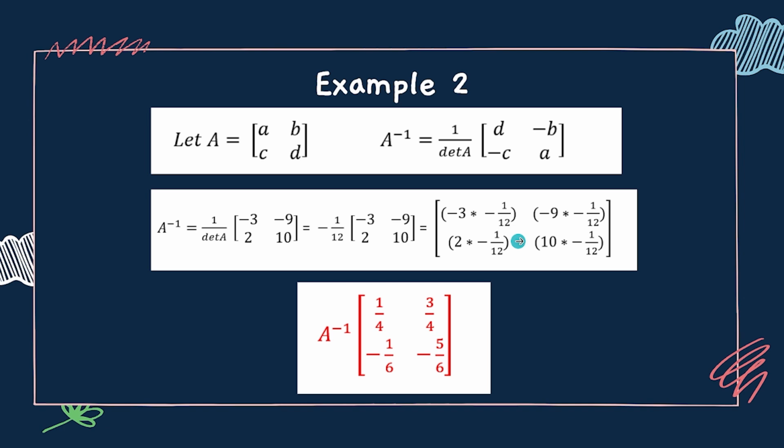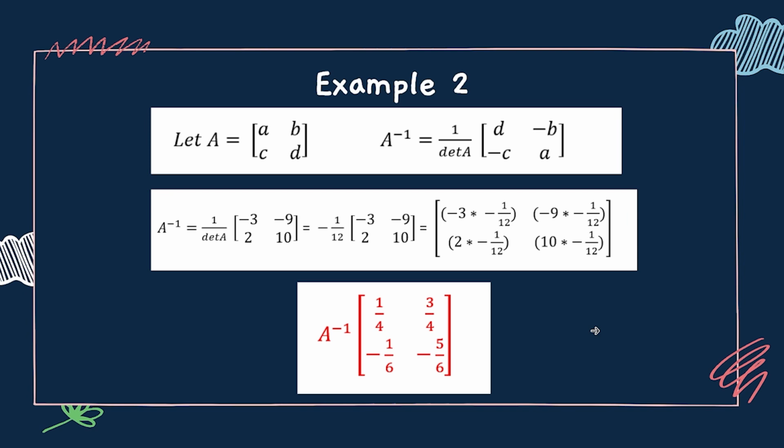Negative 3 times negative 1 over 12 is equal to 1 over 4, negative 9 times negative 1 over 12 is equal to 3 over 4, 2 times negative 1 over 12 is equal to negative 1 over 6, and 10 times negative 1 over 12 is equal to negative 5 over 6. For our final answer, the inverse of matrix A is 1 over 4, 3 over 4, negative 1 over 6, and negative 5 over 6.